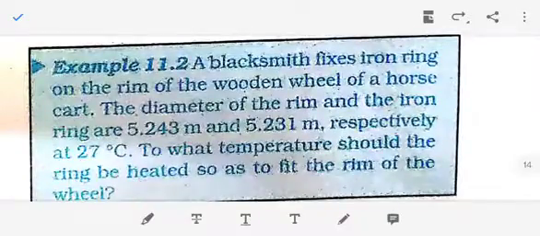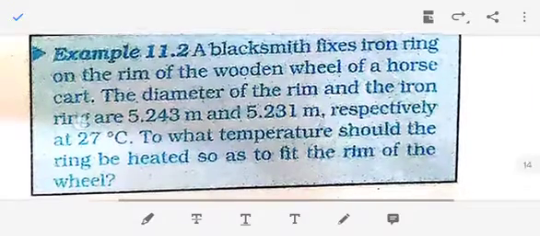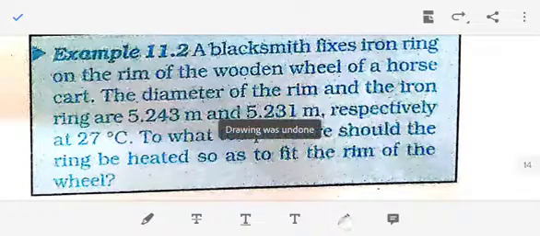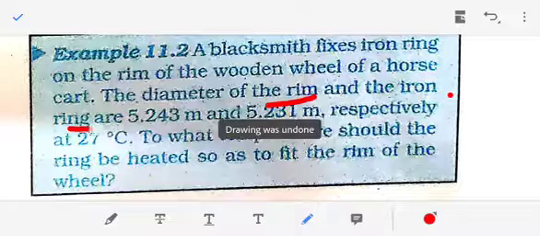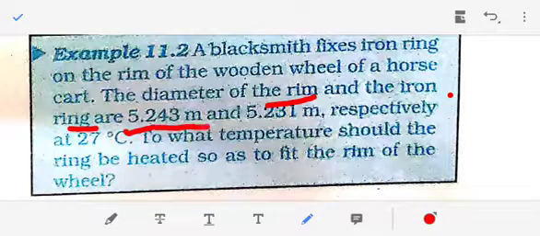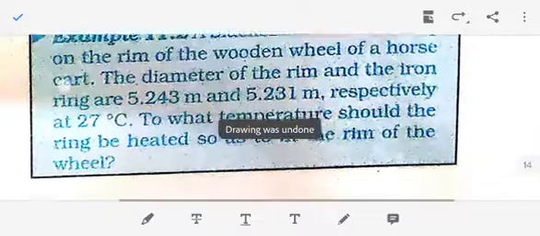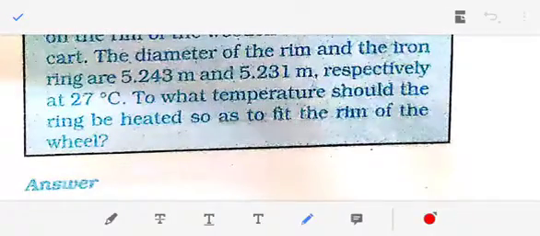Now there's a numerical question. A blacksmith fixes an iron ring on the rim of the wooden wheel of a horse cart. The diameters of the rim and the iron ring are 5.243 meter and 5.231 meter respectively at 27 degrees Celsius.